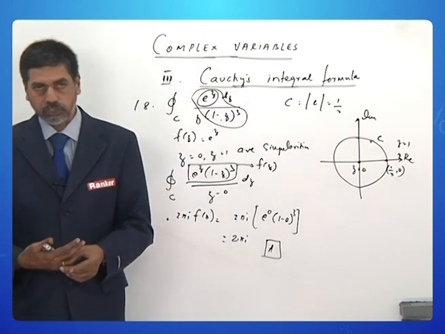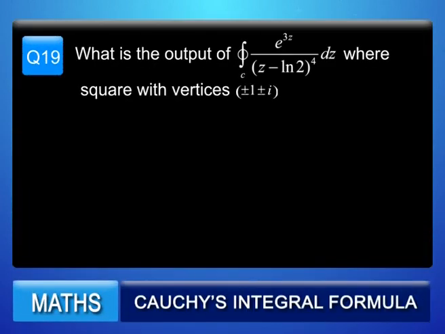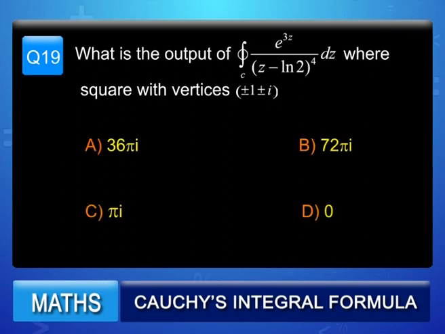Let's go to the 19th question. Question number 19. What is the output of integral e power 3z dz by (z minus log 2) to the power of 4, where C is a square with vertices plus or minus 1 plus or minus I?